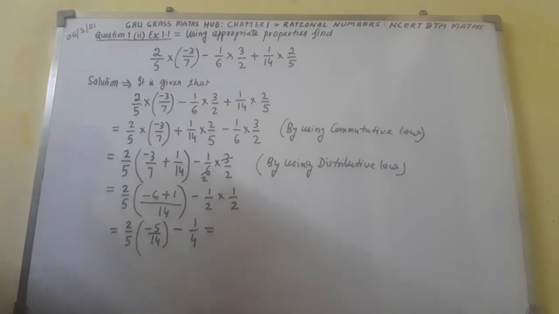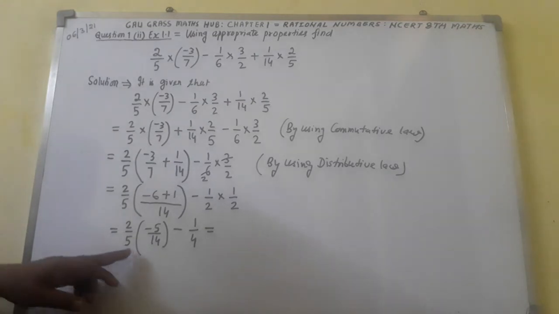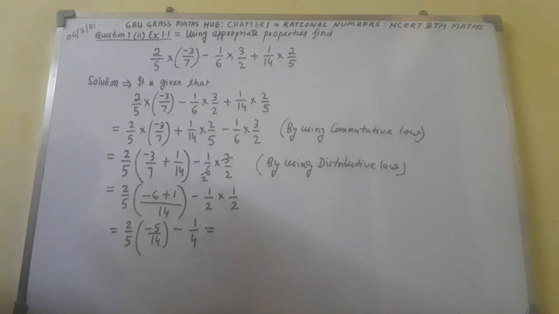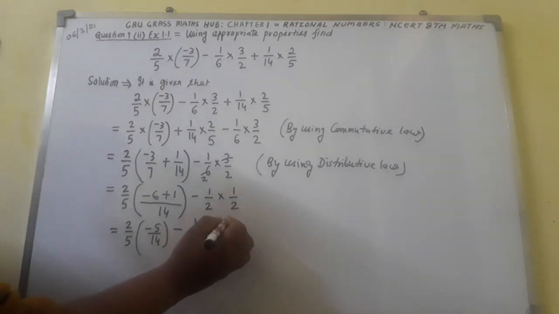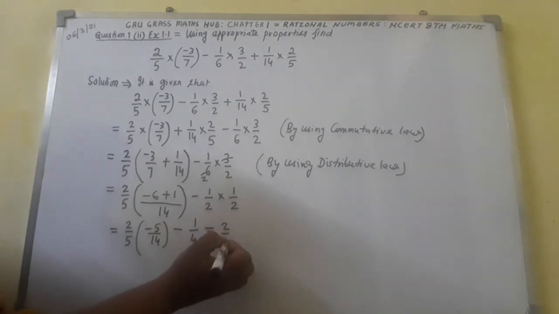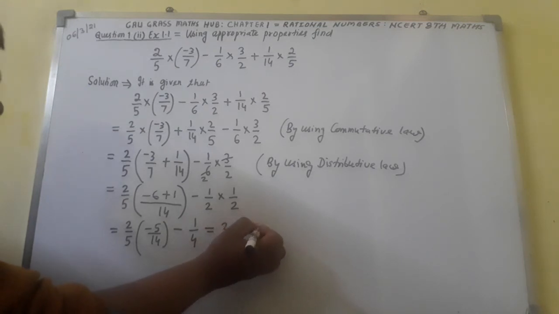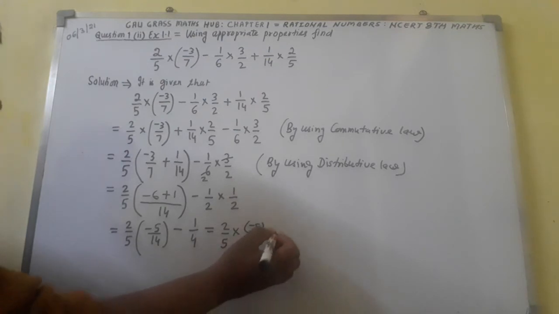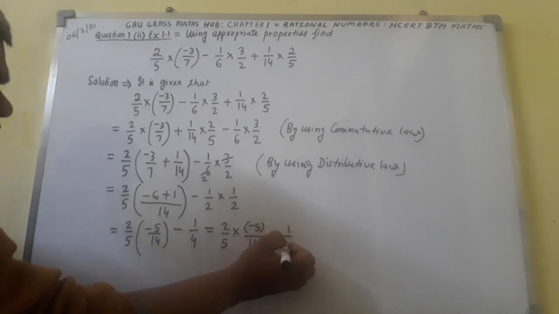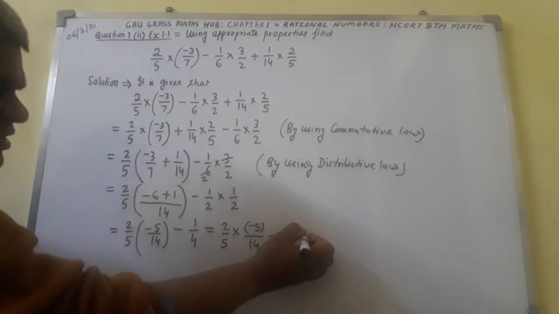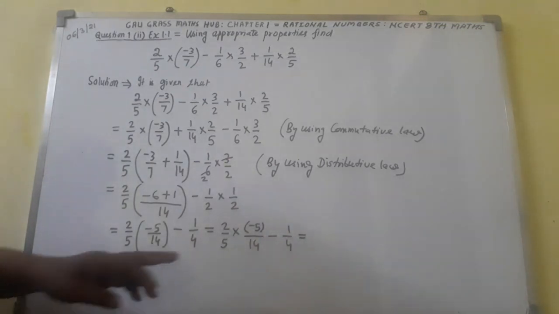Equal to, here you can see, 2 over 5 is multiplied to minus 5 over 14 minus 1 over 4.